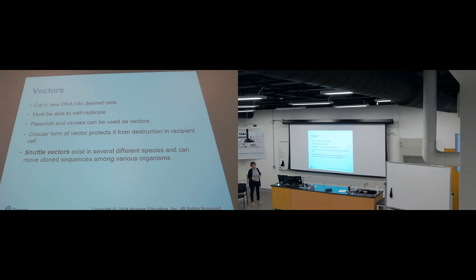So these exonucleases can destroy a vector that is linear, which is why we have circular DNA. And then we have shuttle vectors that exist in different species and can move cloned sequences among various organisms.